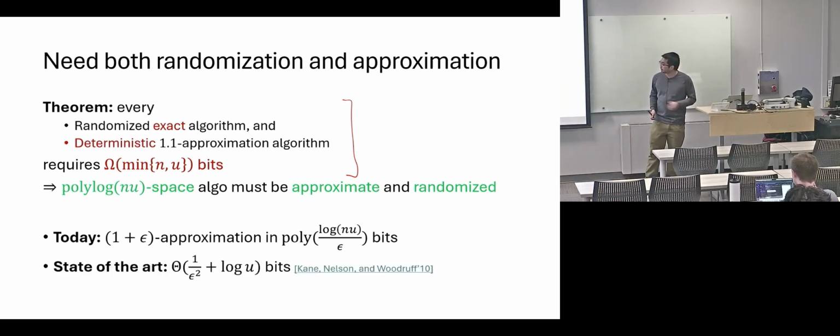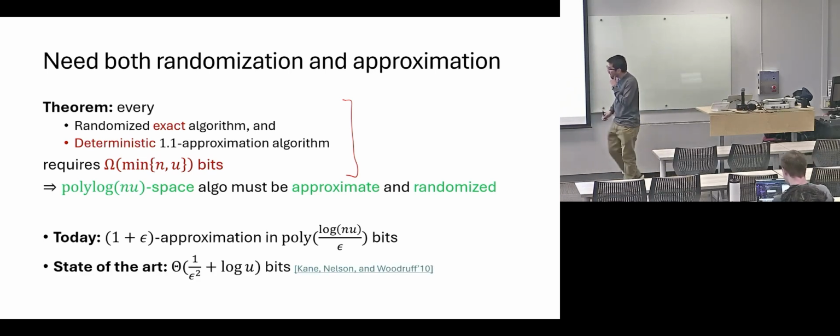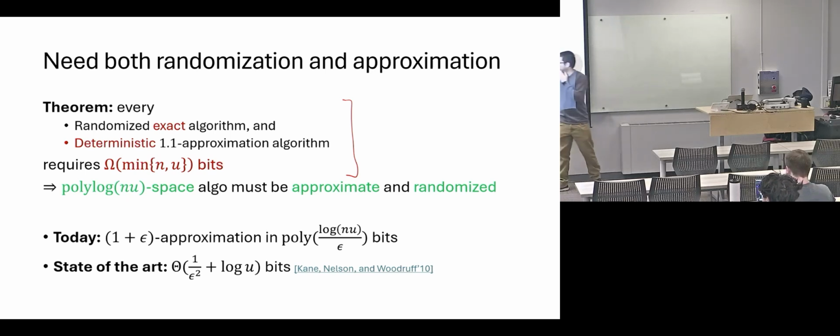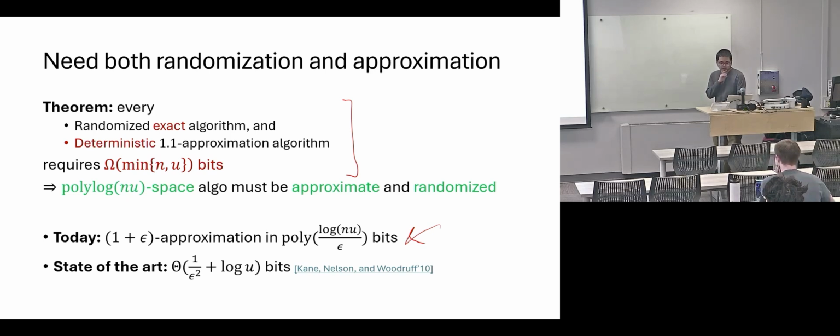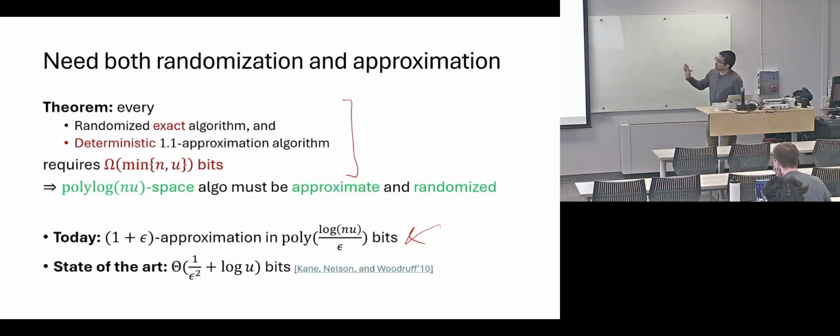By the way, the state of the art is really, really good: it's just 1 over epsilon squared plus log u. It's really non-trivial, but we will see a nice algorithm today. Okay, any question about the goal?